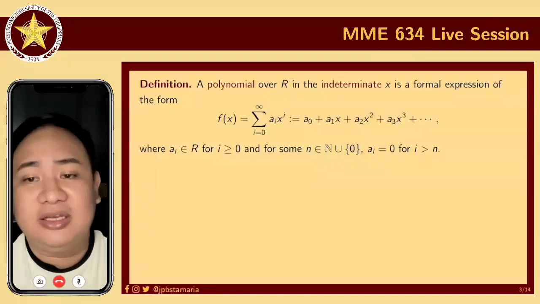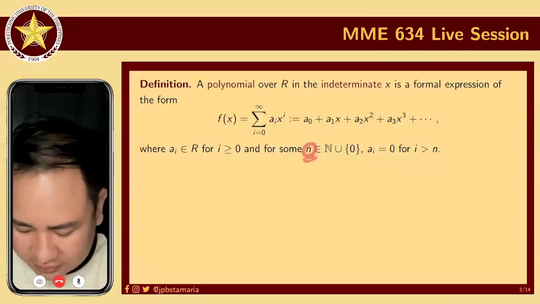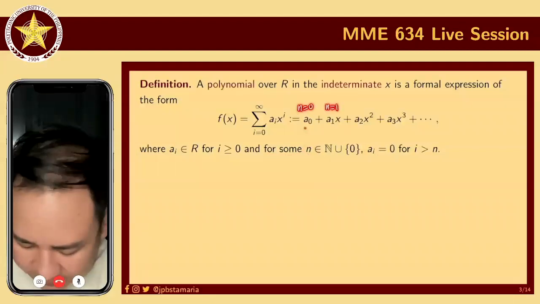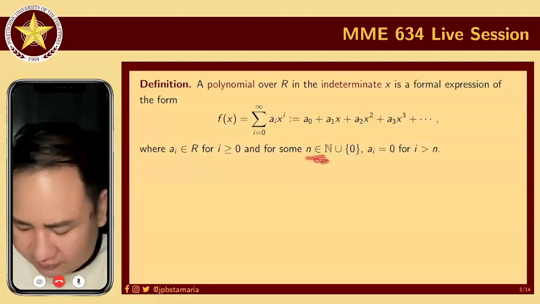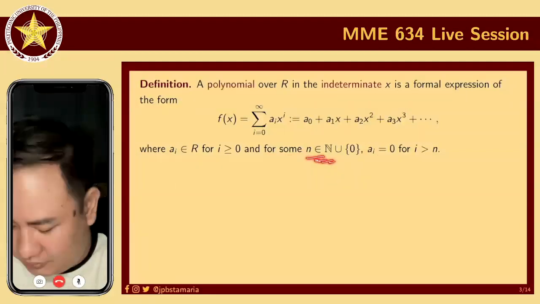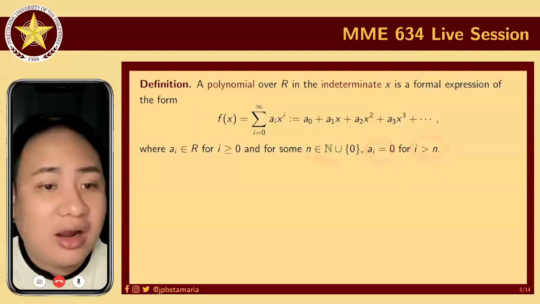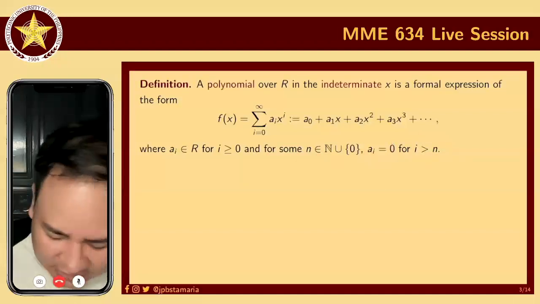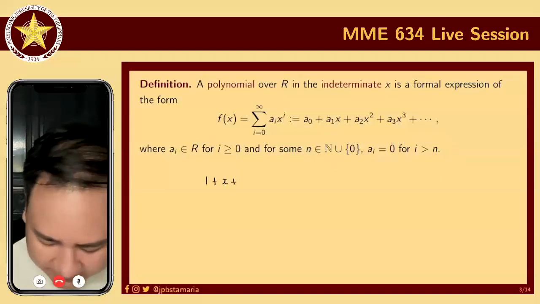So this says that a time will come, whether n is 0, n is 1, n is 2, n is 3, where beyond that point your coefficients are already 0. So for example, this is not allowed. Take this expression, which goes on infinitely.